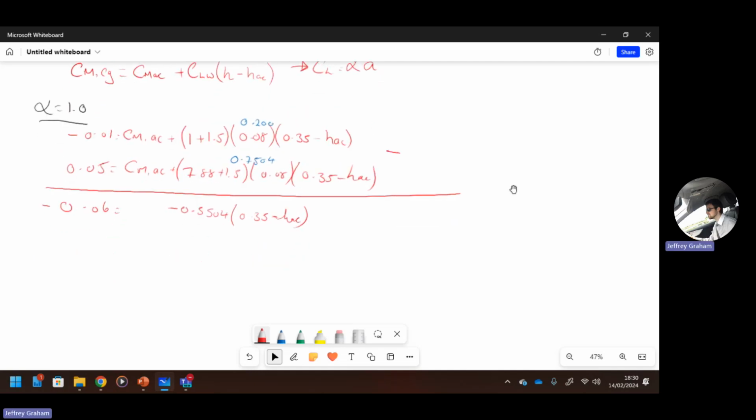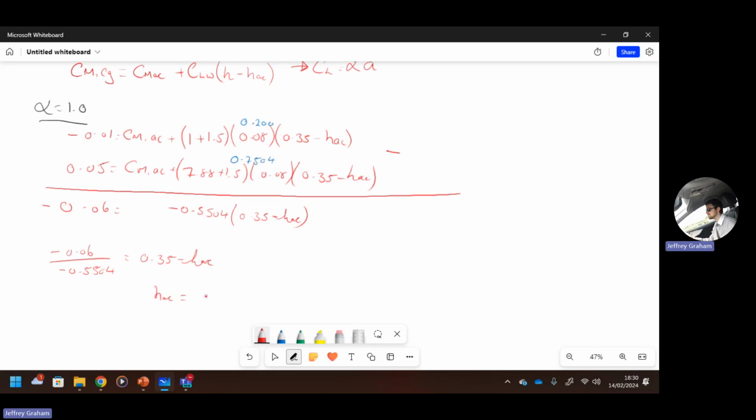Right, and this is just simultaneous equation theory here. So divide through by minus 0.5504, which leaves 0.35 take away hAC. Right, so hAC, because that's minus, needs to go to the other side, but I'm going to bring all this over here.